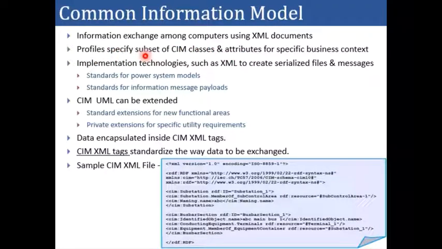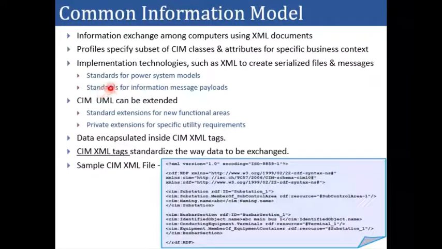The implementation technologies such as XML are required to be created in the common information model, which will also help in standardization of the power system model, because the XML output which is used as an implementation technology will help you to create serialized files and messages.